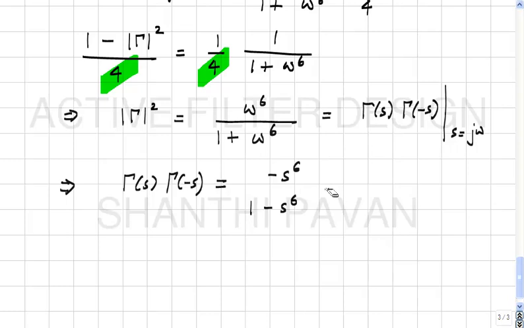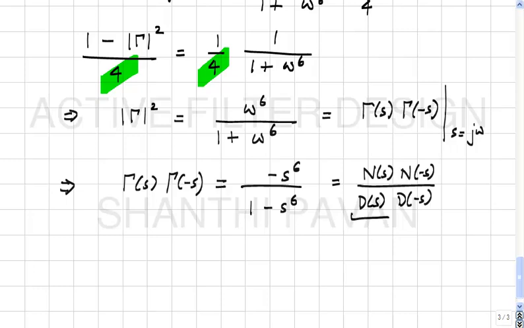Okay, and this is N of s times N of minus s divided by D of s times D of minus s, where N by D is gamma of s. Please note that gamma depends on Zin minus Z0 and Zin plus Z0. So if Zin is a ratio of polynomials in s, it must also follow that gamma is also a ratio of polynomials in s. So it will have some numerator and some denominator.